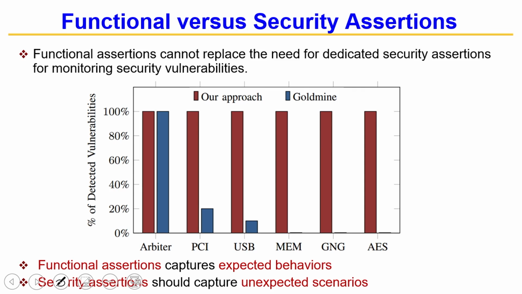The other is that you generate generic functional assertions and hope those vulnerabilities will be captured. For certain small designs that might be the case, but as you go bigger, and remember AES is not a big design at all, even for designs such as AES, it will not be able to cover anything.